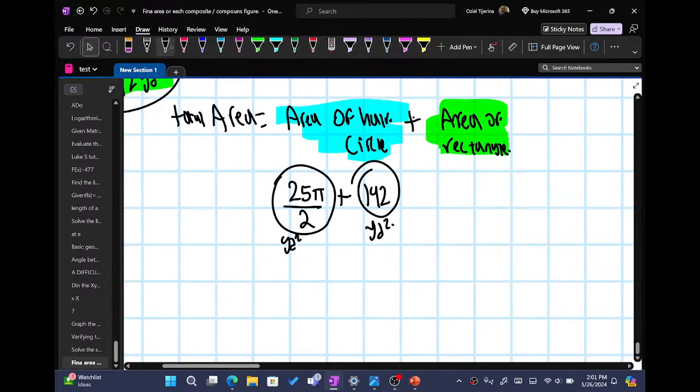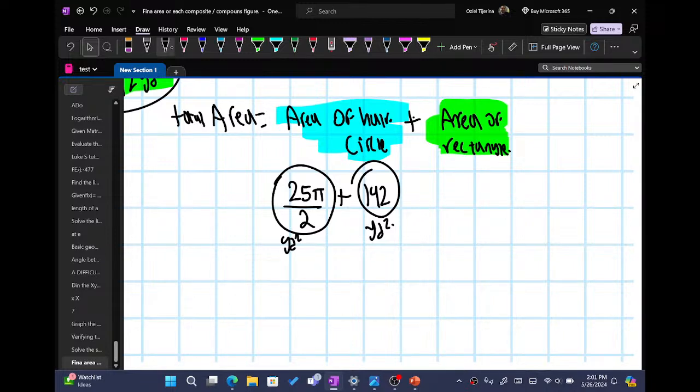So if we calculate that, they said round to 1 decimal place. Yeah.